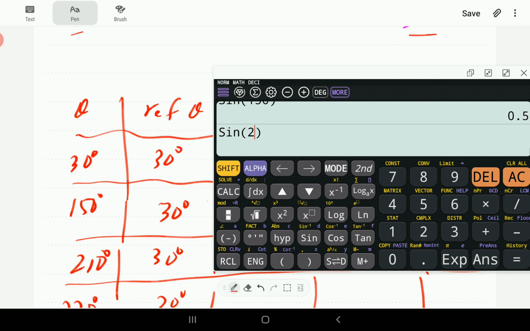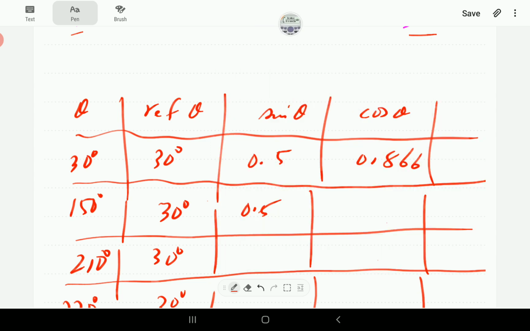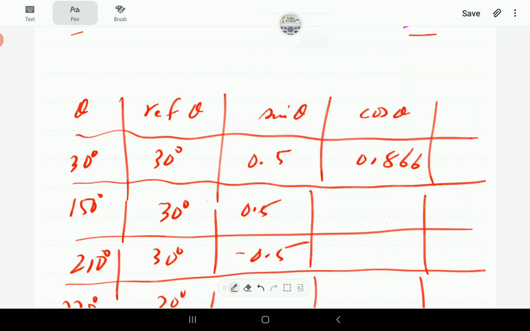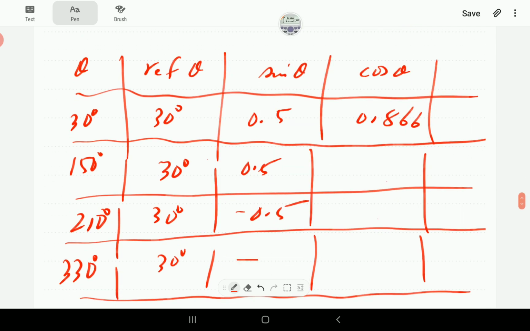Sine 210 is negative 0.5. Sine 330, that one is also negative 0.5.